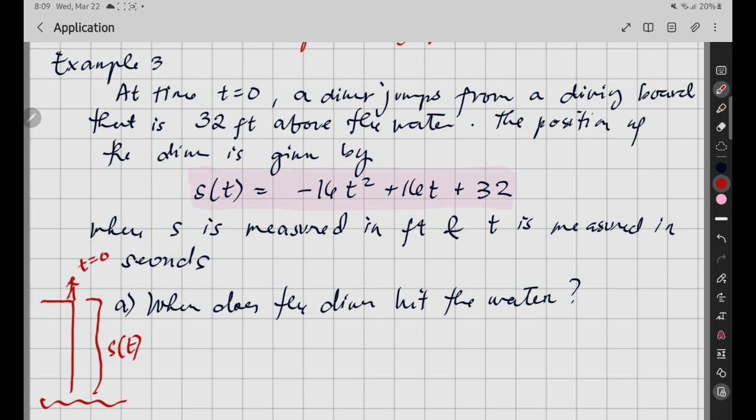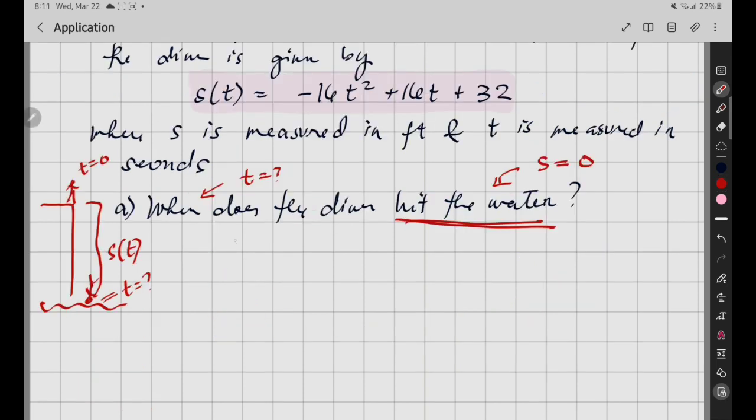Now, the first question is, when does the diver hit the water? By the question word when, it's asking for the time. So the diver should hit the water like that. Since the distance of the diver from the water at impact, when he hits the water, is 0, this would mean that our s is equal to 0.